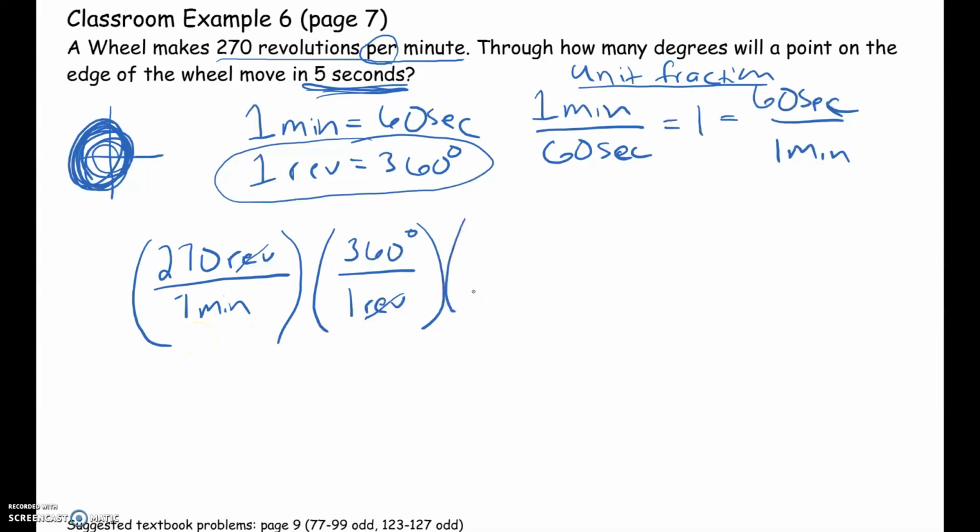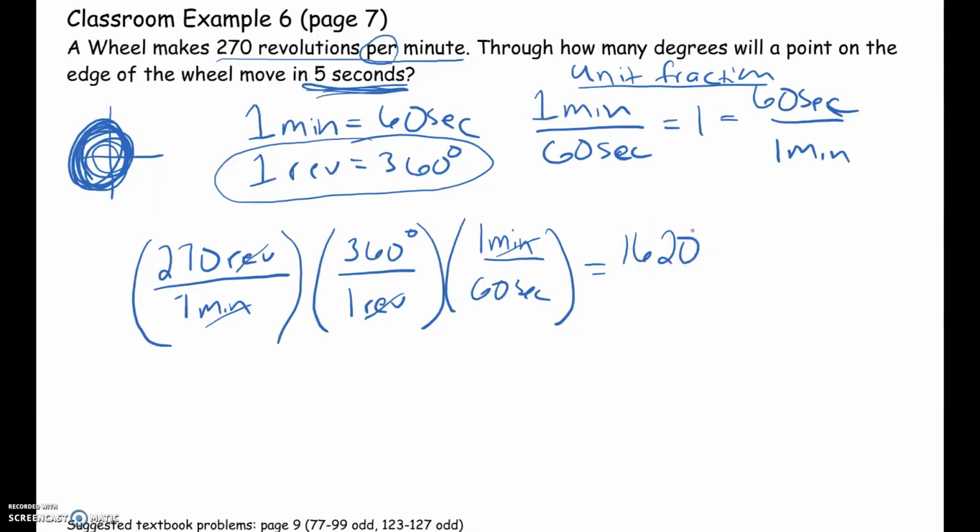So let me use 1 minute to 60 seconds. Now when I multiply these all through, my minutes will divide out, and I'll be left with an answer in degrees per second. Perhaps you recall this from chemistry. This is called dimensional analysis in chemistry. Alright, so I'll multiply all my numbers together to get 1620.